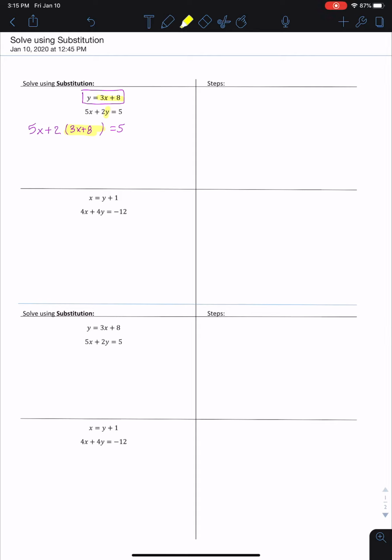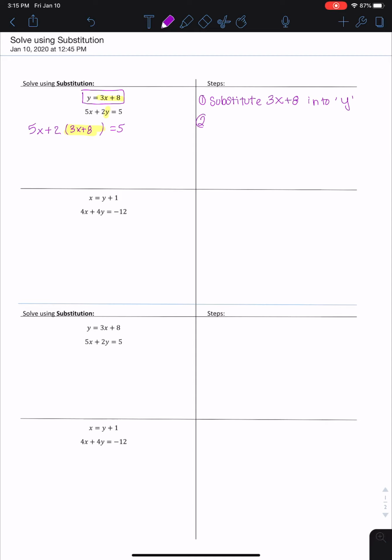We're putting the top equation into the bottom equation so that we only have one variable now. So now the only variable I have is x, and I can solve for x. So our first step, substitute 3x plus 8 into y, okay?